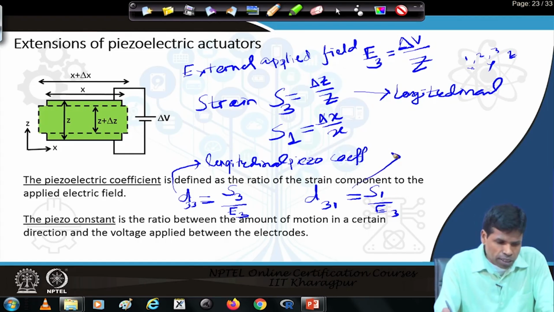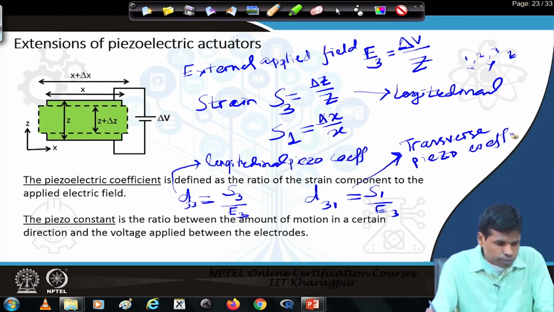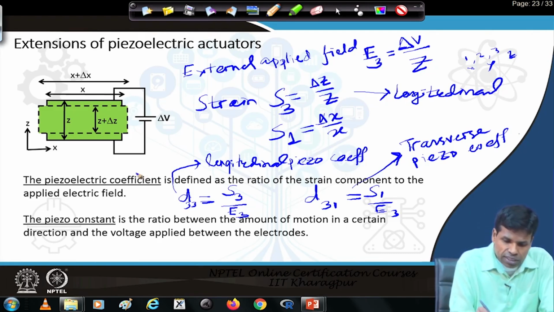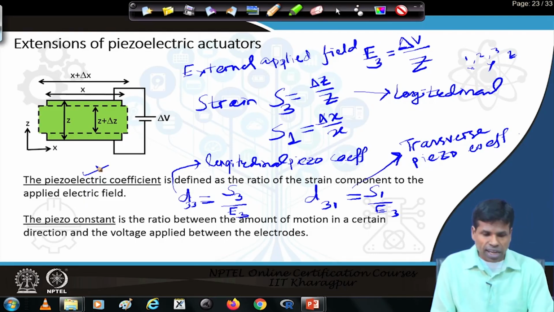This will be the transverse piezoelectric coefficient. The piezoelectric coefficient is a material constant which depends on the direction along which the electric field is applied and the direction along which the strain is developed or considered.